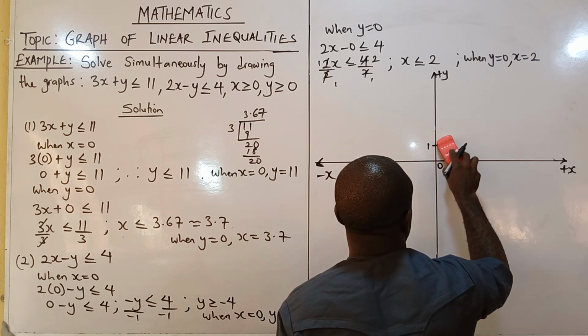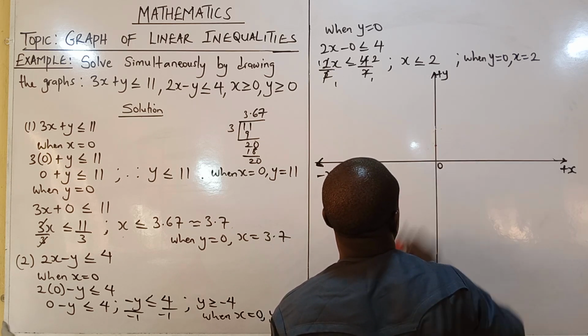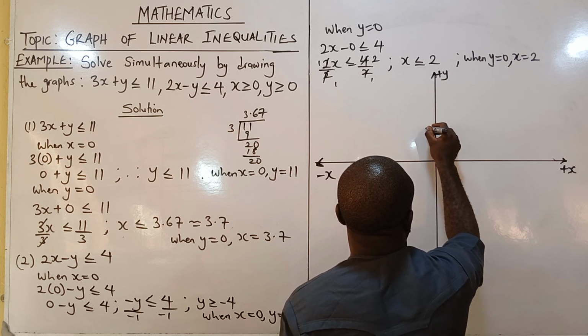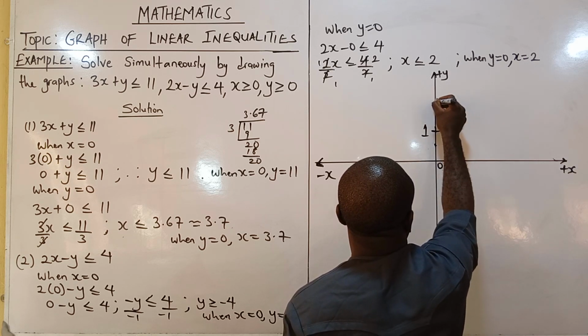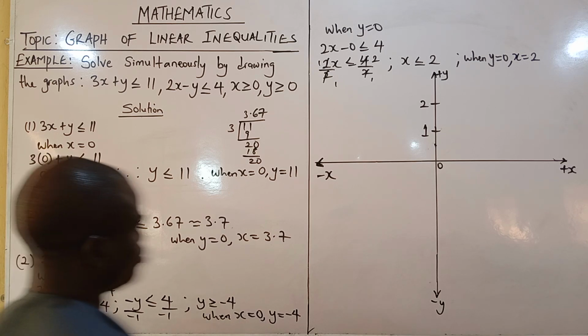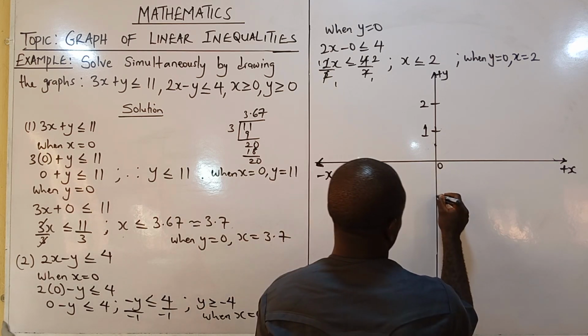Okay, let's make it bigger. 1, 2. We have the limit value for y to be minus 4.